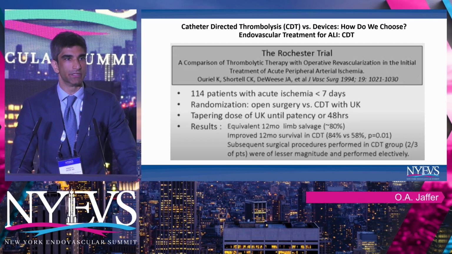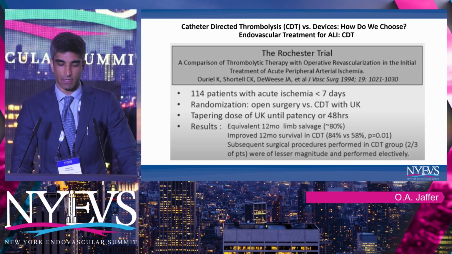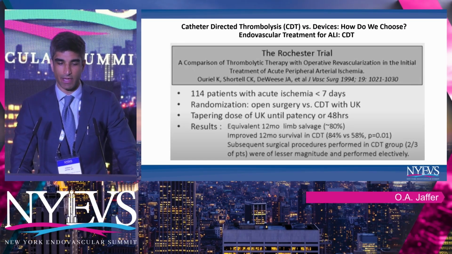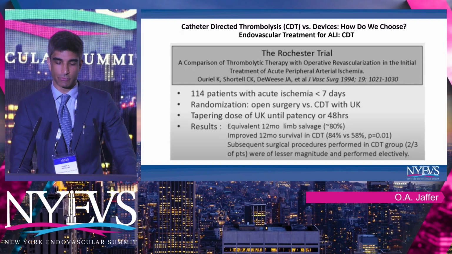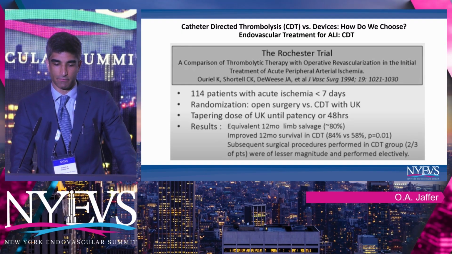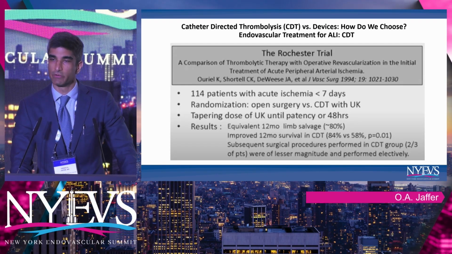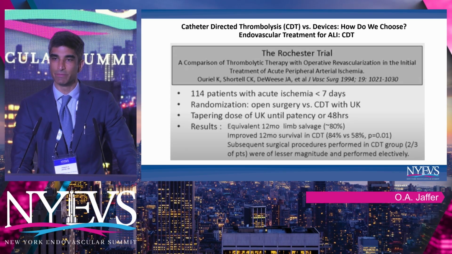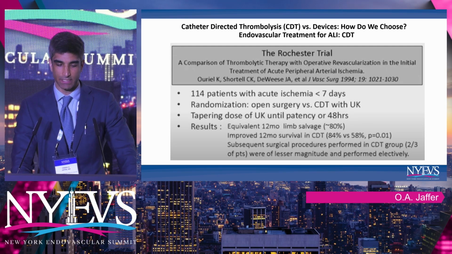There were 3 big trials in the 1990s which really compared, they're randomized trials, they compared surgery to lytics. And these helped us to understand the difference between these two, and were very, very pivotal trials. The first was the Rochester. It was 114 patients with acute ischemia defined as less than 7 days of symptoms. They were randomized to open surgery or CDT.